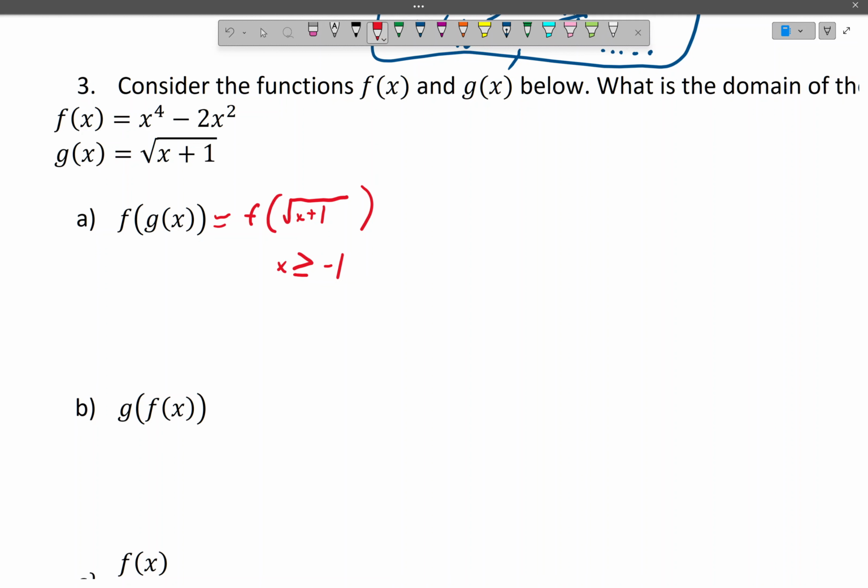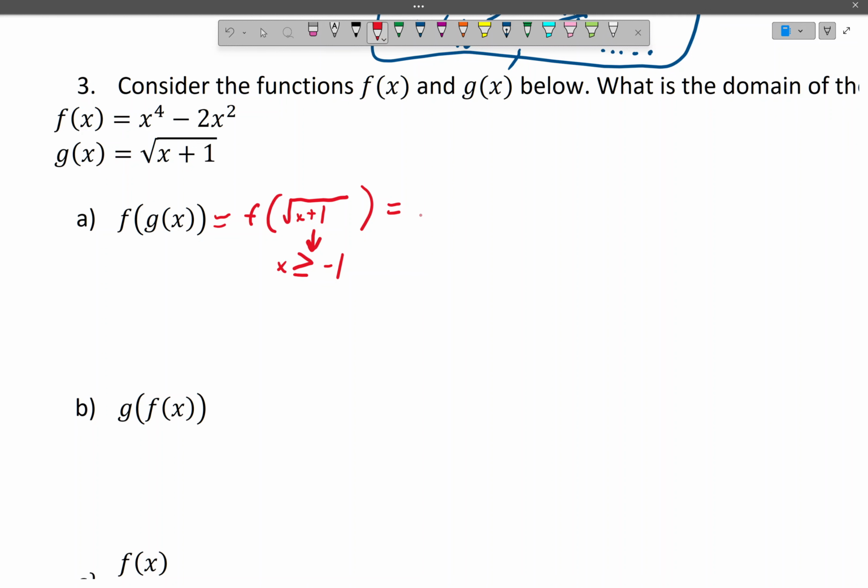Otherwise, the square root function will be imaginary. This is an important thing to notice, because you have to find those restrictions during the process of creating the function. Otherwise, you might miss some of the restrictions. And I think you'll see it on this version of it.